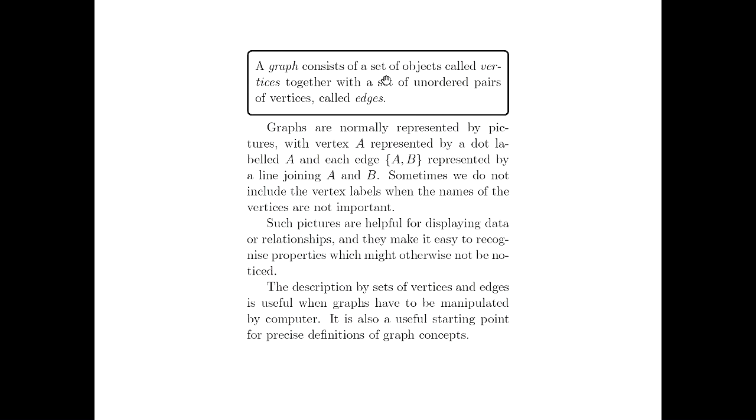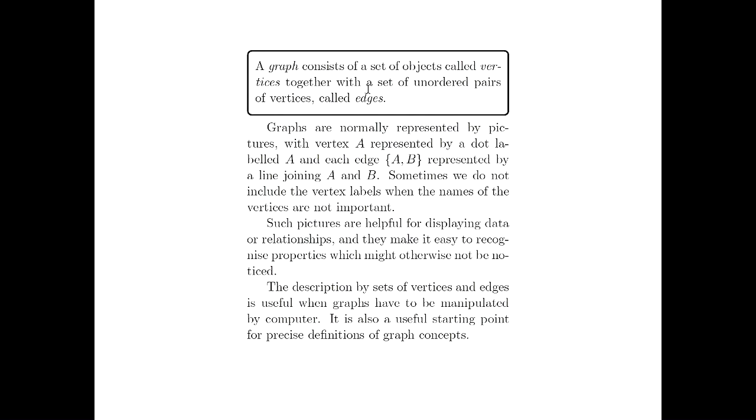Okay, so basically a graph is going to consist of nodes and connections between those nodes in a network. We call the nodes vertices, and we call the connections between them edges. As you know, mathematicians and computer scientists are bandits for representing everything with sets, and this is no different here.